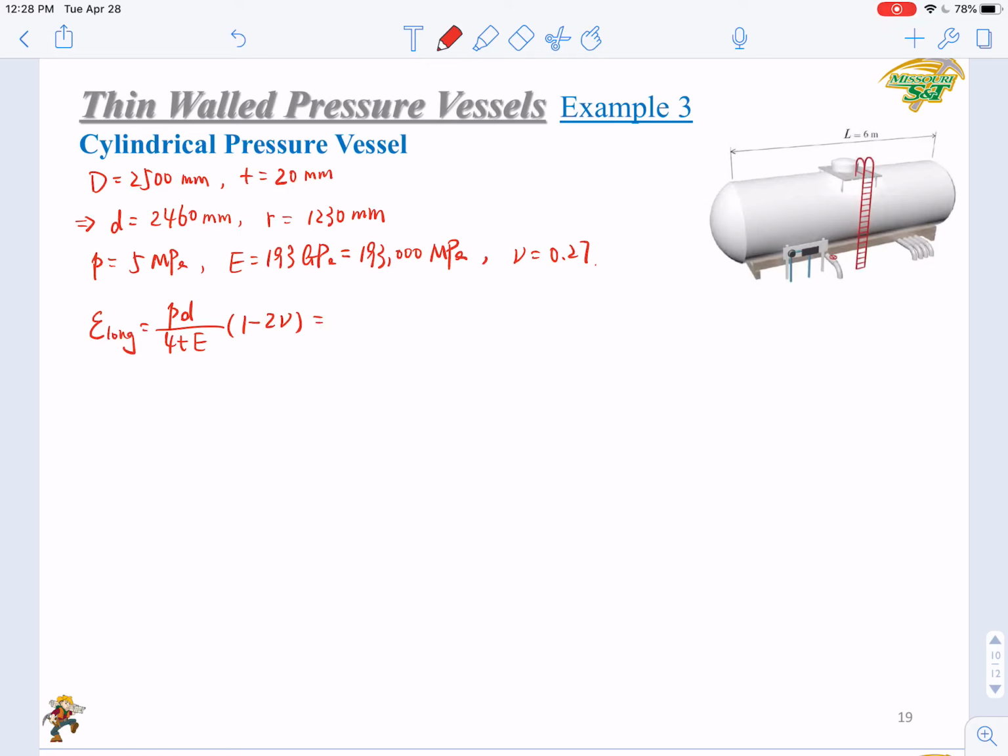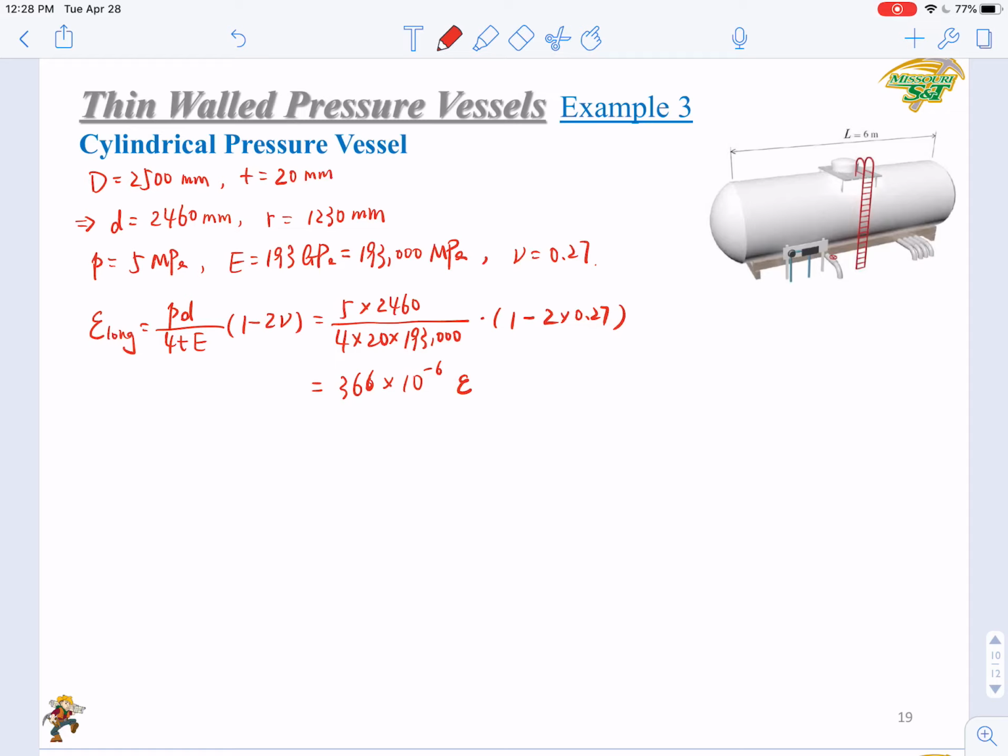This will be 5 times 2460 over 4 times 20 times 193,000 times 1 minus 2 times 0.27. So the results will be 366 microstrain.